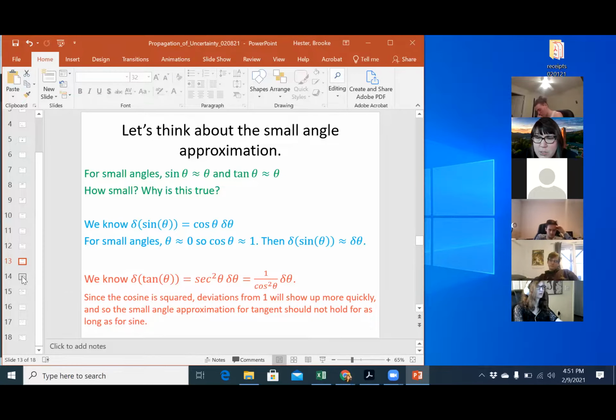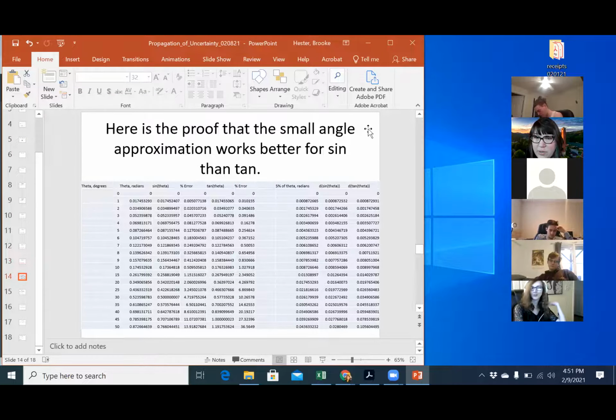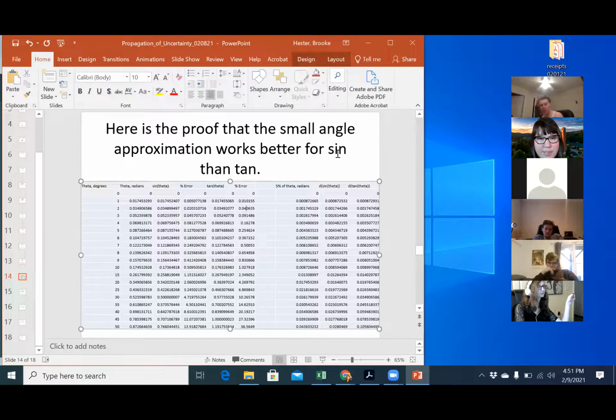I have a table here to try to illustrate this. Normally we would look at this and be like, no, I don't want to look at a table of numbers. But in this case, I just want to show you quickly that we can calculate the sine of theta, and we can calculate the tangent of theta, and the percent error based on the small angle approximation.